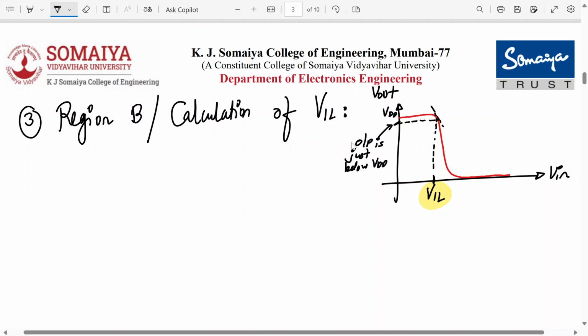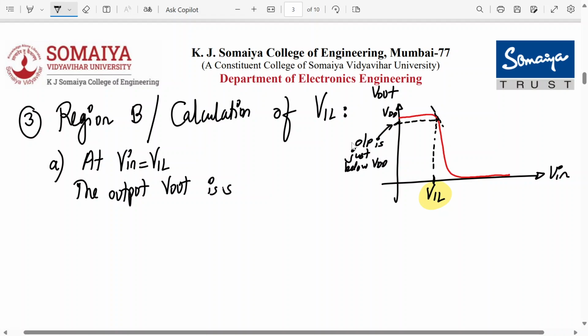Yes. So let's write it down step by step. At Vin equal to VIL, the output Vout is just below the VDD level.